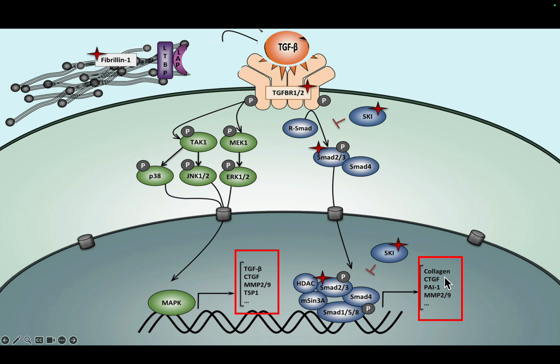Excessive collagen secretion and a lot of other inflammatory products. And this is the reason that the single FBN1 gene actually leads to the other issues in the body, and this can be corrected by ARB, particularly losartan.